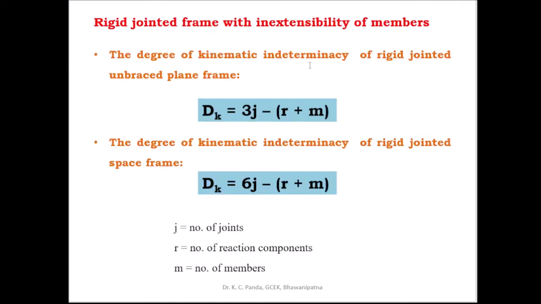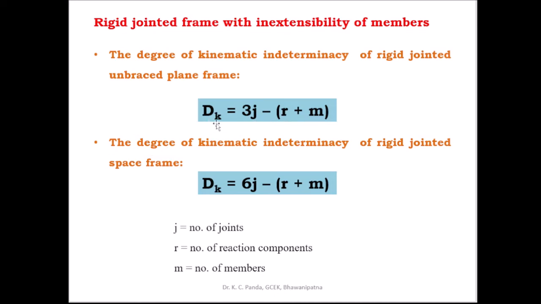Then coming to how to determine the degree of kinematic indeterminacy of a rigid jointed frame with inextensibility of the members. First, for a rigid jointed unbraced plane frame with inextensibility of the members, the formula is Dk equal to 3j minus r plus m, where m is the number of members, r is the number of reaction components, and j is the number of joints.